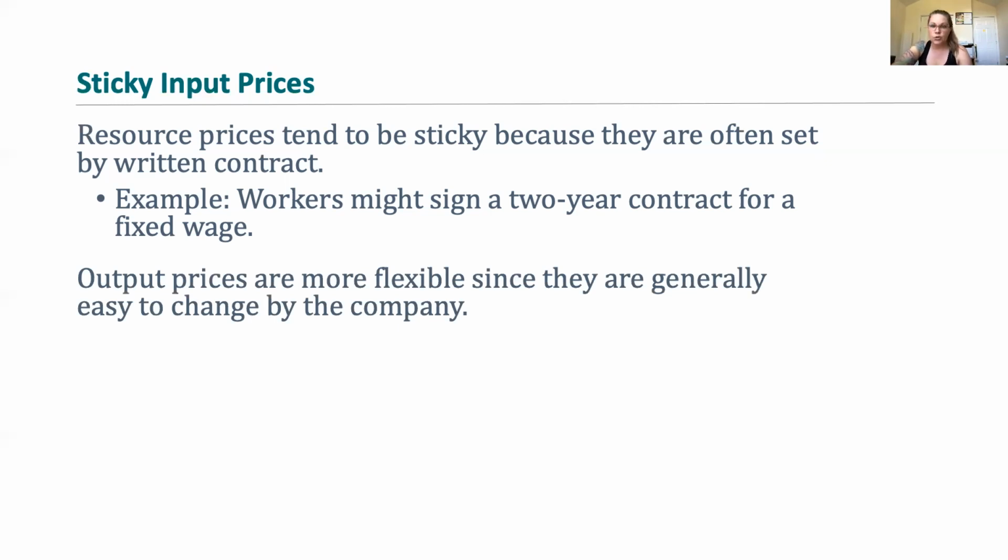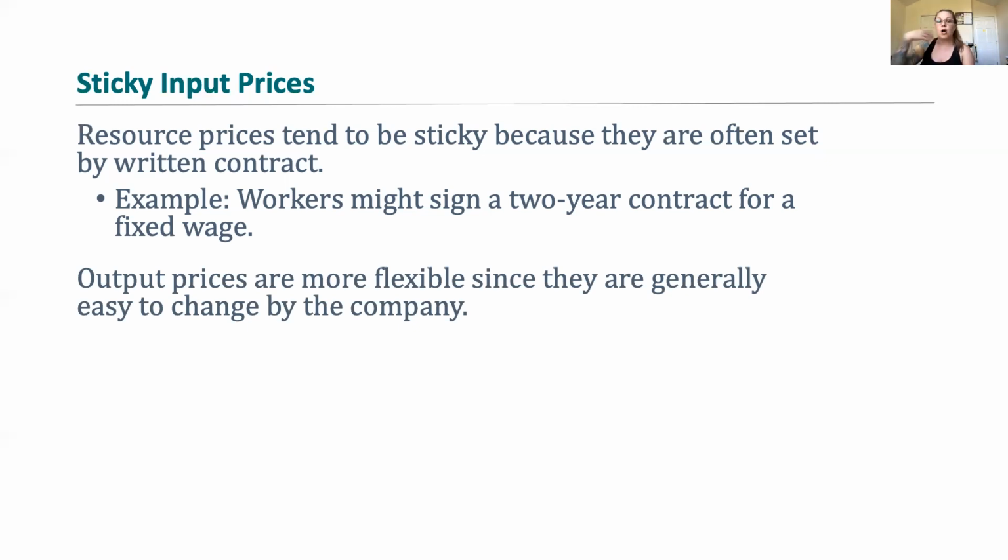The opposite is also true. So suppose the aggregate price level is falling, but input prices are fixed. Lower output prices will reduce profit potential for the firm, and their costs are not changing. So that means that law of supply tells us the firm will respond by producing less output.